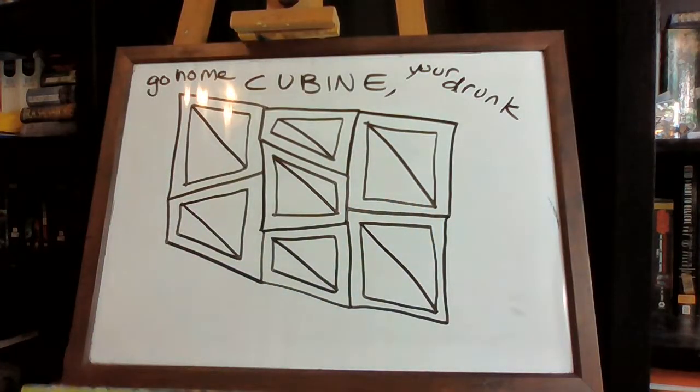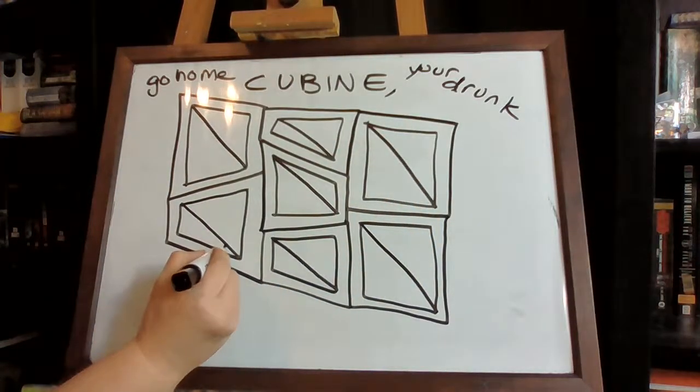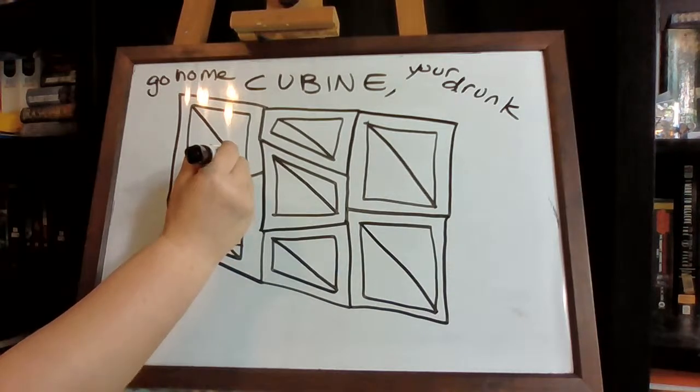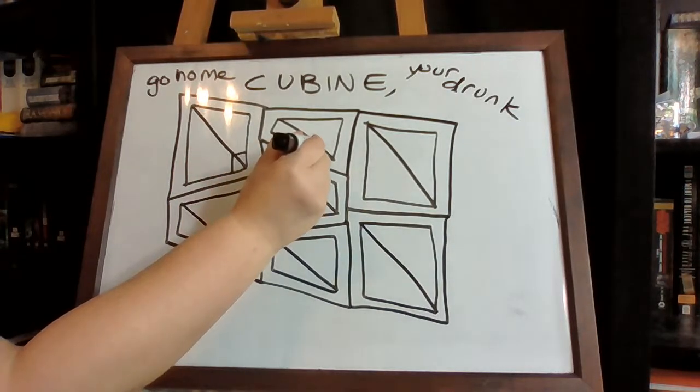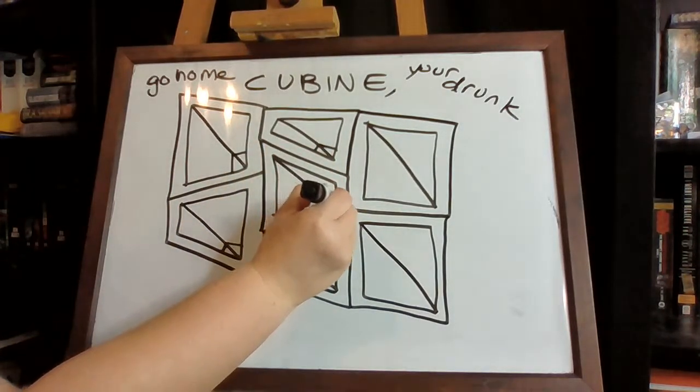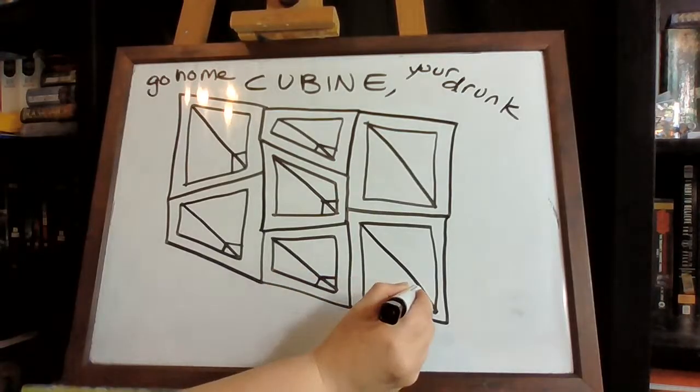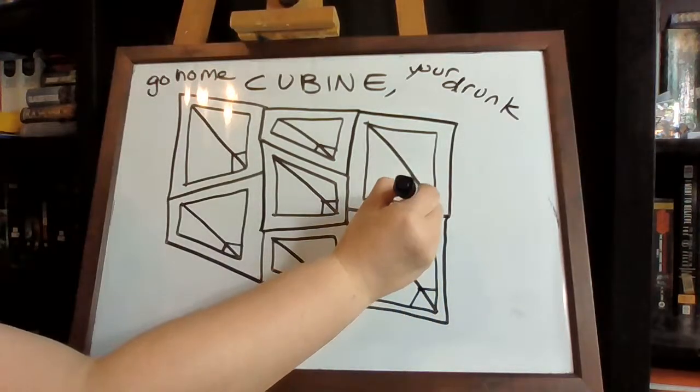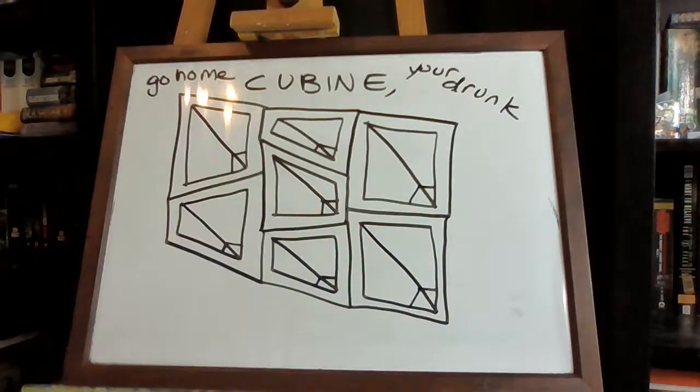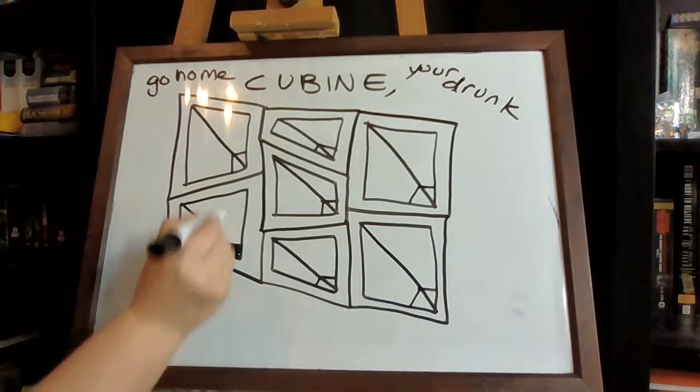And then once we have those diagonals, that little square that just comes off of both lines. And then lastly, shade that square space in.